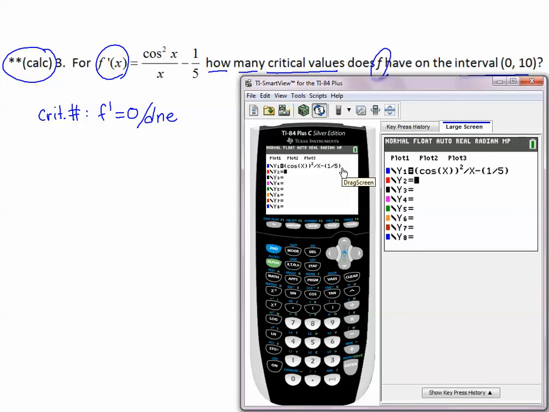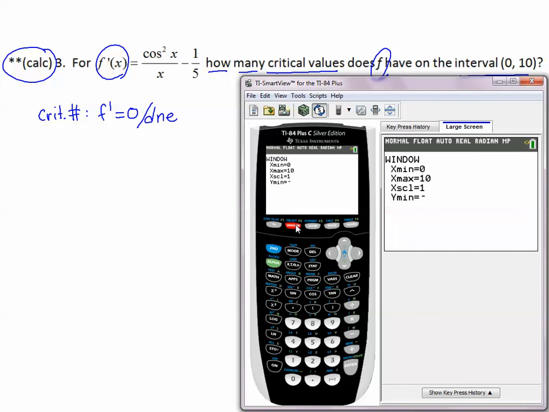After we plug it into y equals, we can take a look at the window and adjust it so that it includes just this interval. So the x's go from 0 to 10, and because I only care about where this derivative function equals 0, I really have to just zoom in on the x-axis. So I've made my y min and y max negative 1 to 1 so that the x-axis is easier to see. Let's take a look at the graph.